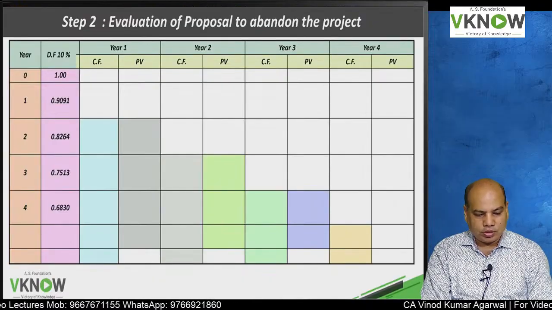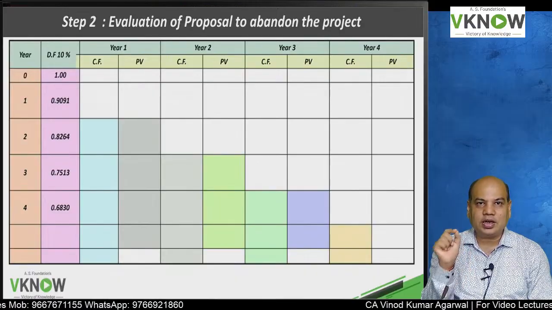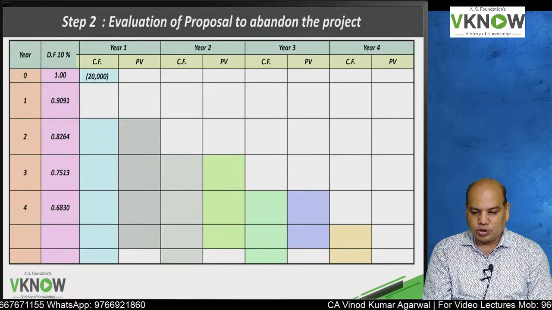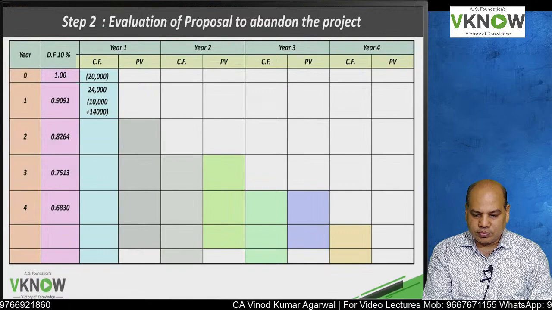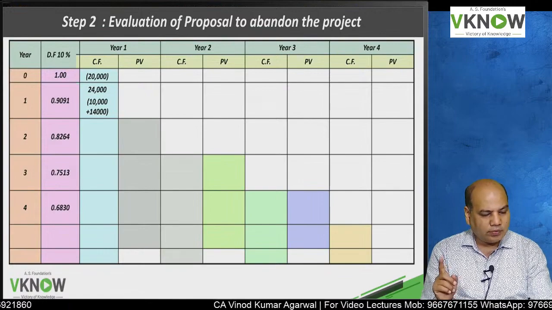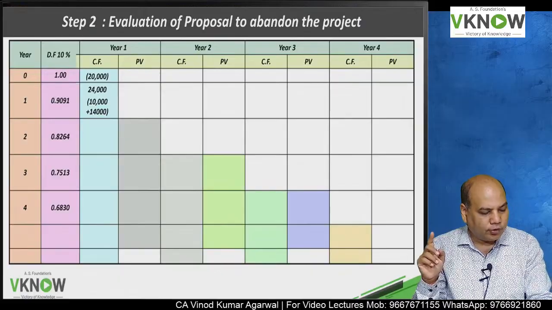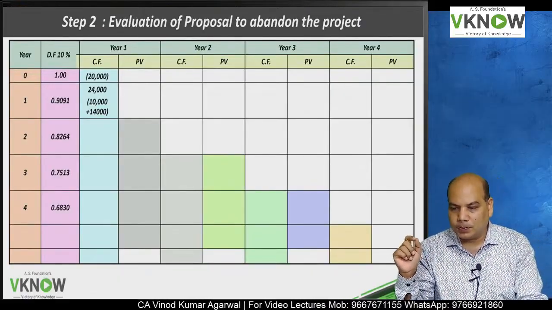Now we are going to understand year 1. Suppose I want to abandon at the end of year 1. Year 0 cash flow will be 20,000, and in year 1, 10,000 is your cash inflow from operation and 14,000 from scrap value.